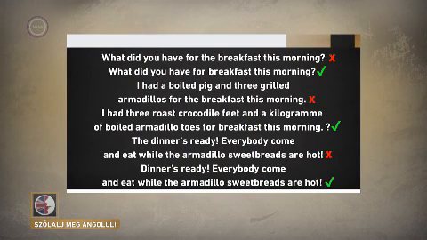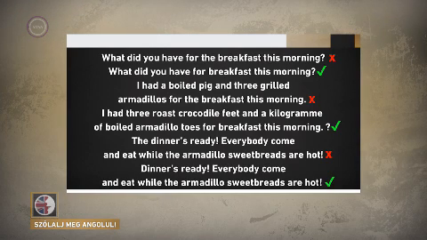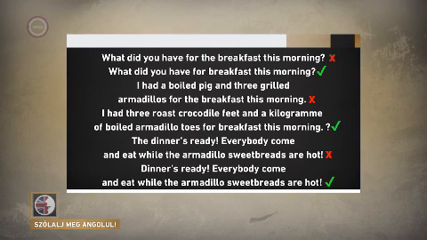Another place where we don't use the definite article is with meals. We say breakfast, lunch and dinner, not the breakfast, the lunch and the dinner. What did you have for the breakfast this morning? What did you have for breakfast this morning?